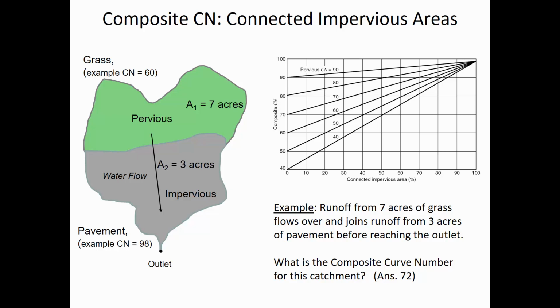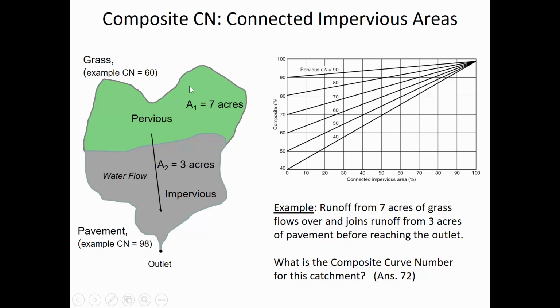In this first condition, we have a connection between the outlet and the impervious area. We can think of it as pavement, for example. The pavement is directly connected to the outlet. The outlet could be maybe a catch basin where all of this flow is concentrating.